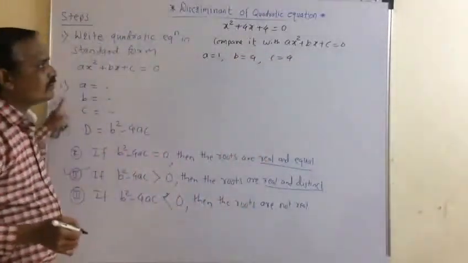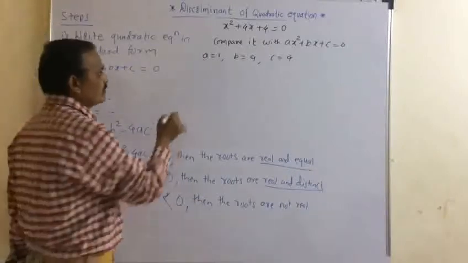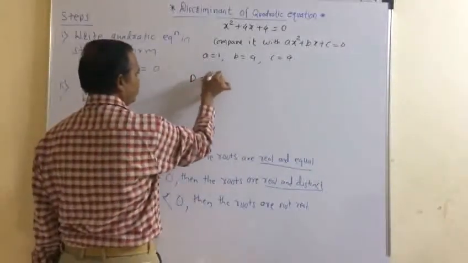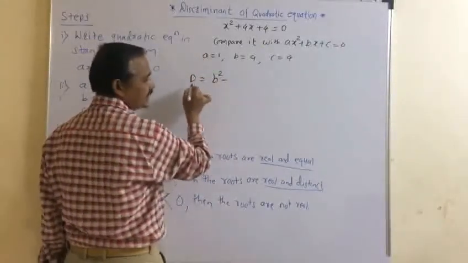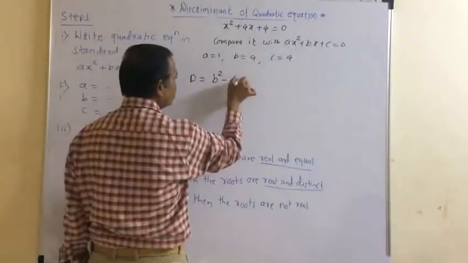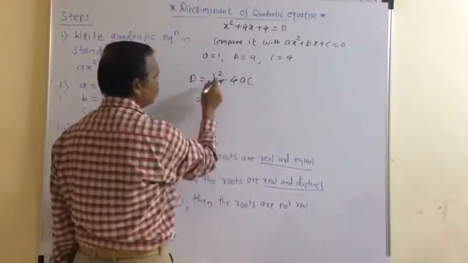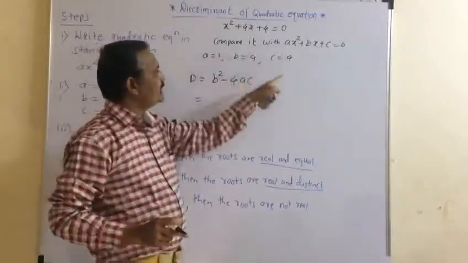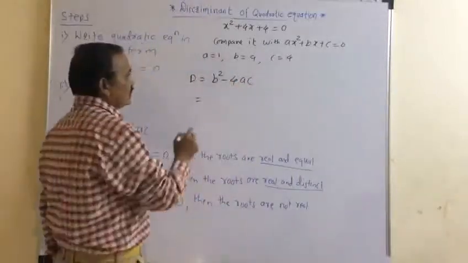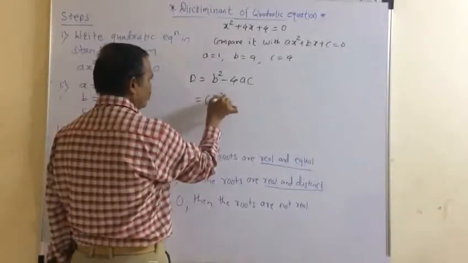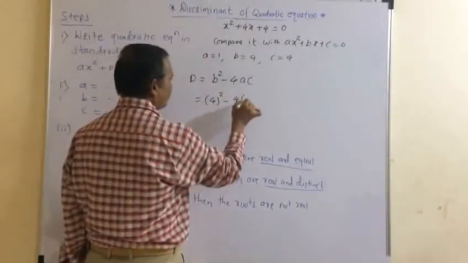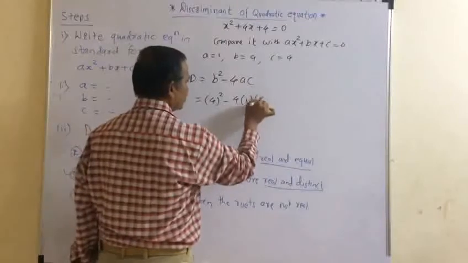Now, to find the value of the discriminant, for the third step, D is equal to b square minus 4ac, and we put in the values of a, b and c. We get the square of 4 minus 4 times 1 times 4.